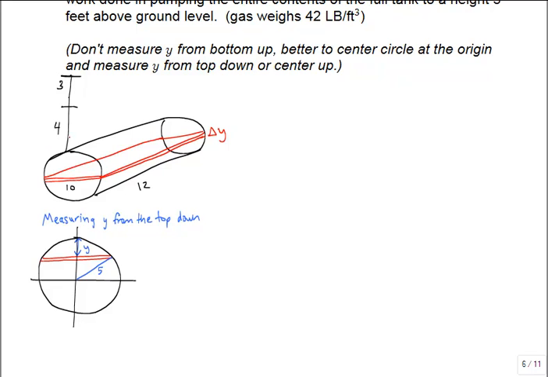So here's my diagram of that tank, and what we want to visualize again is that slice, that cross-sectional slice. You can see that it has sort of this shape in red here. It looks like a great big rectangle with a thickness or a width of delta y. Along the greatest part of the circle, the diameter, this would be 10 going across here and 12 going along here.